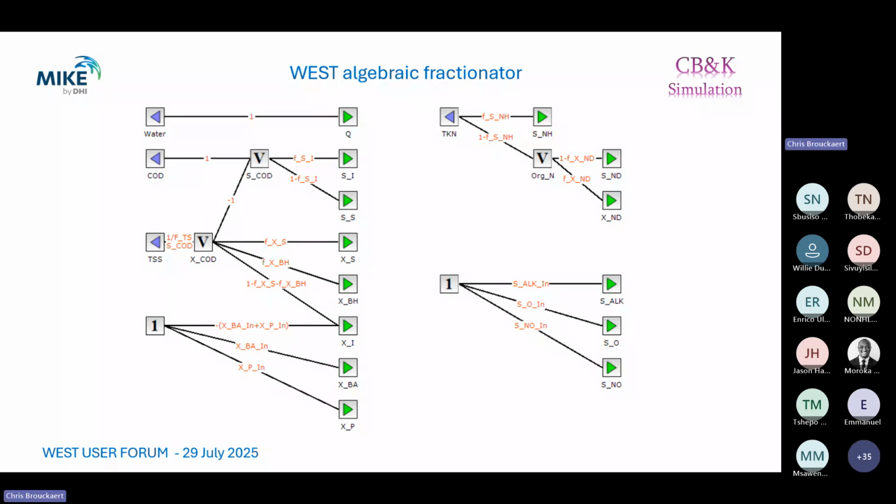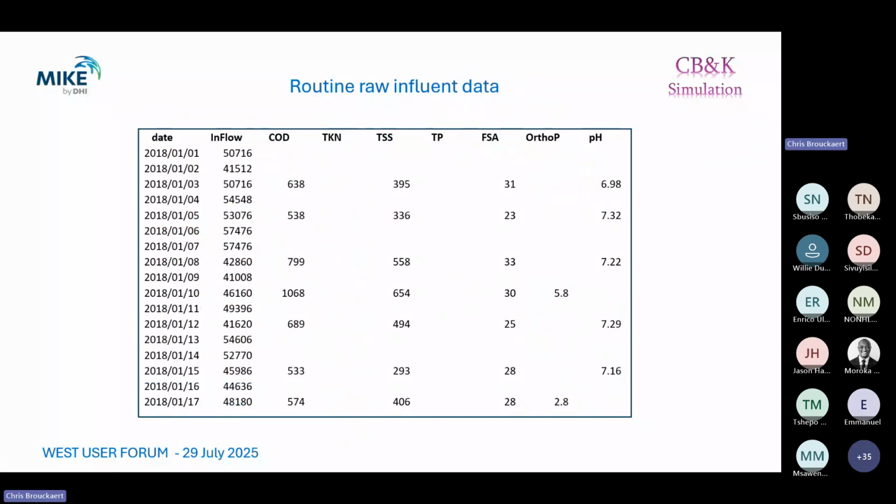Okay, so there's a number of problems with using the routine data. First of all, gaps. So this is a particular record from a particular plant in Durban.